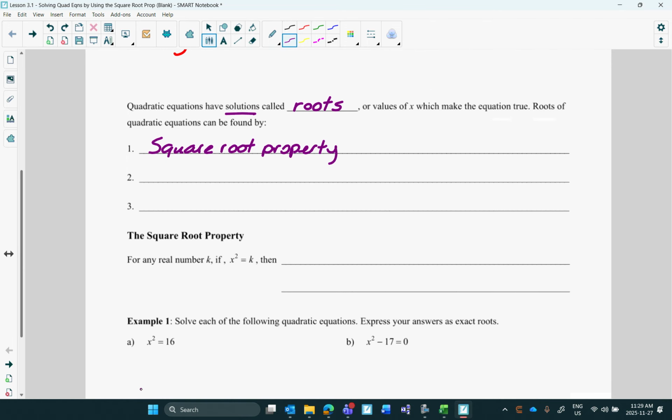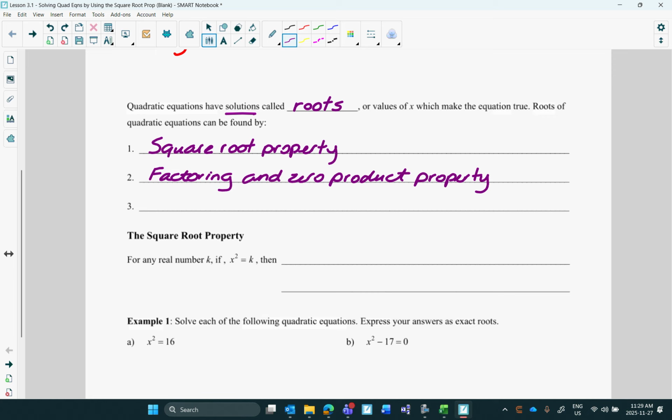However, if they're a little bit more complex, we may have to solve them by something we did a lot of last year, factoring. And then something called the zero product property, we'll talk about that later.